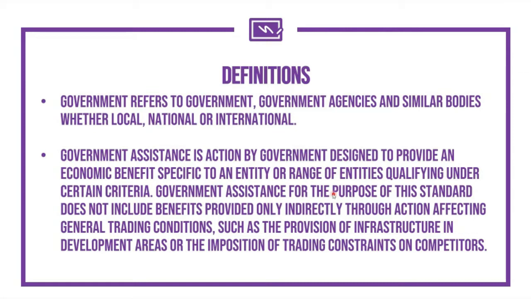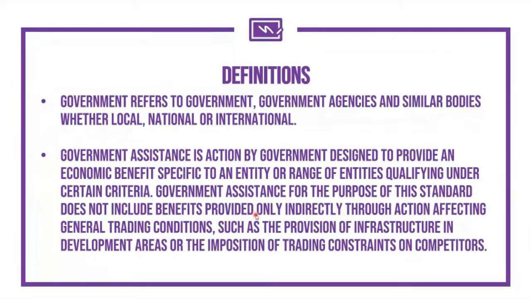Government assistance for the purpose of the standard, which is IAS 20, does not include benefits provided only indirectly through action affecting general trading conditions, such as the provision of infrastructure in development areas or the imposition of trading constraints on competitors. Okay? So it does not include benefits provided only indirectly. Okay?